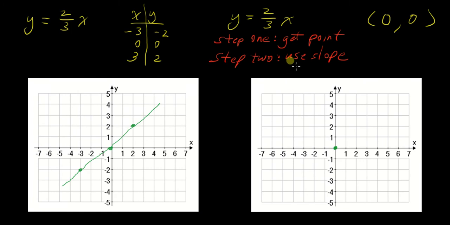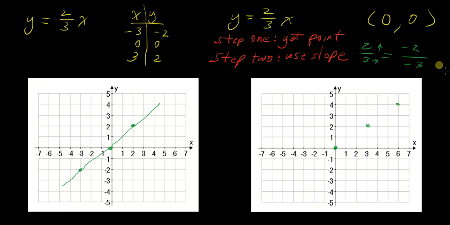And now I'm going to do the slope. Well, the slope is 2/3 or -2 over -3. Okay, so I'm going to go to the origin, and this says if I go right 3, I go up 2. Right 3, up 2.